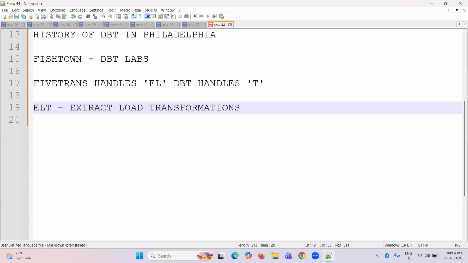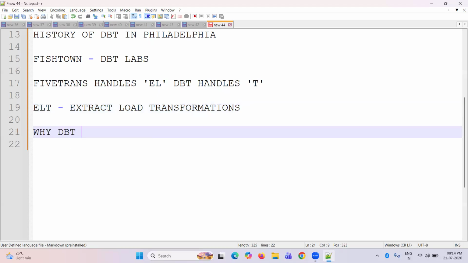So why does DBT exist? Why not just write plain SQL? This is a very common entry question. We can write every SQL query in Snowflake, right? Still, why are many companies using this DBT tool?